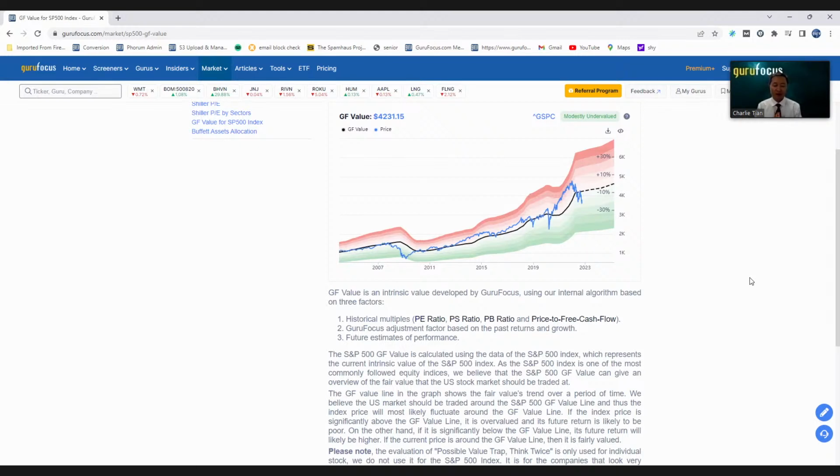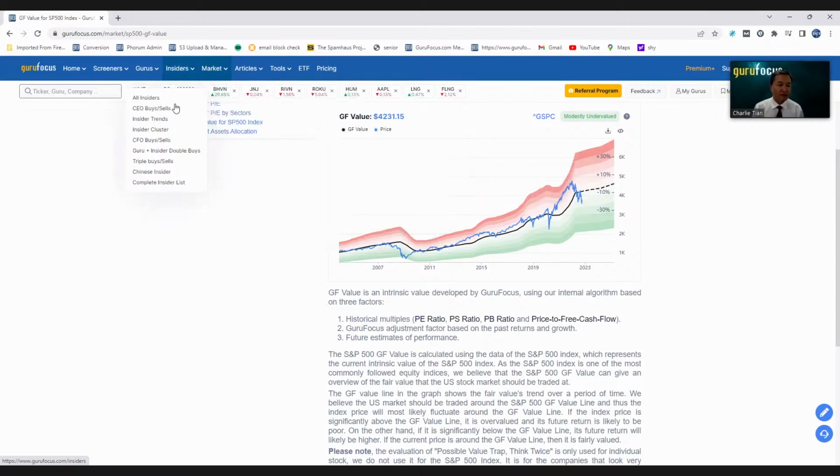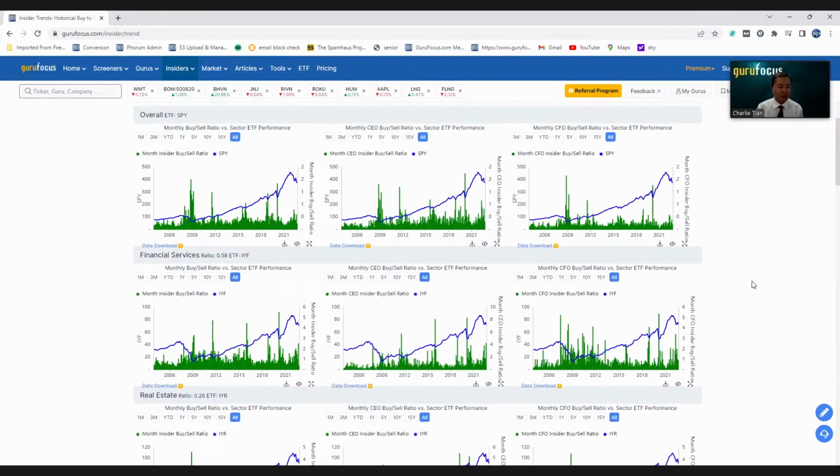Also another related chart I want everyone to know, if you don't know yet, is the insider trend chart. The insider trend chart has been found to be a very good indicator of the market bottom.